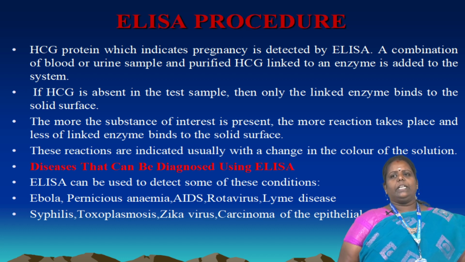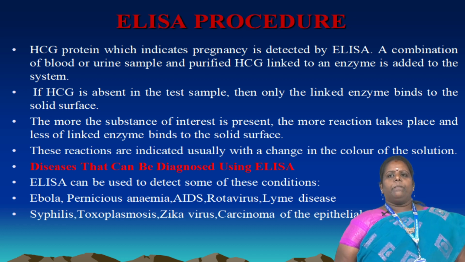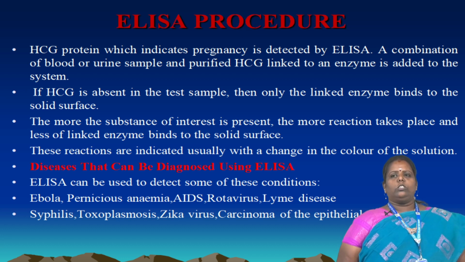The more of the substance of interest is present, the more reaction takes place to link the enzyme to the solid surface. This reaction indicates the usual change in the color of the solution, and from the color of the solution we can identify which pathogen is affecting the body.